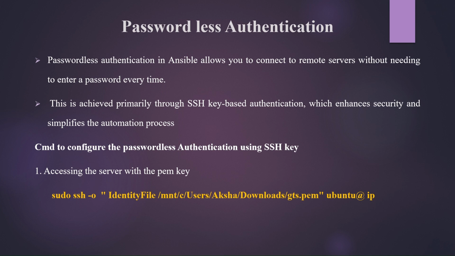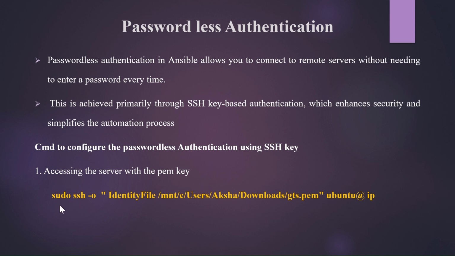This is achieved primarily through SSH key based authentication, which enhances security and simplifies the automation process. So this is the command to configure the passwordless authentication using SSH key, accessing the servers with the PEM key.